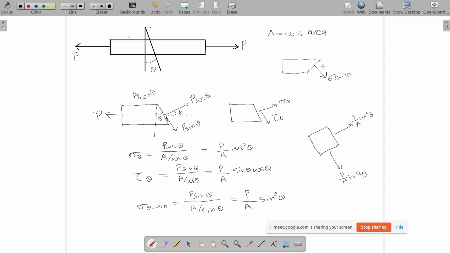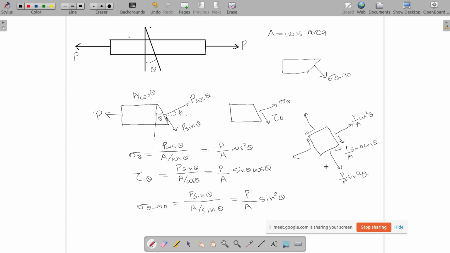And for shear stresses we have P by A sin theta cos theta. So this is how it works. Now since we have used the angle theta, which is a variable, you can change the value of theta and get the matrix.